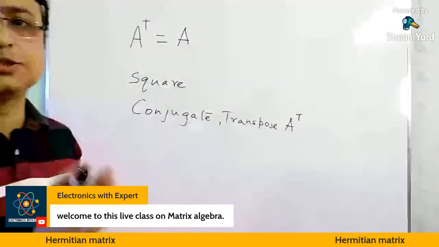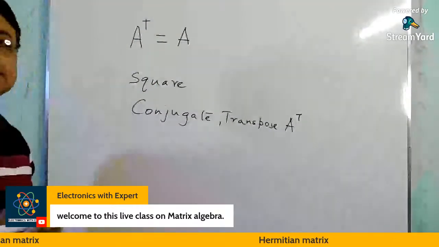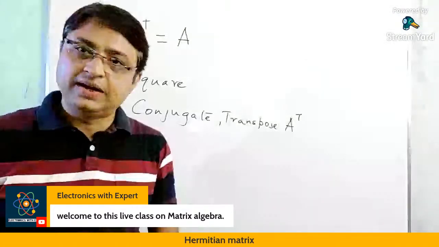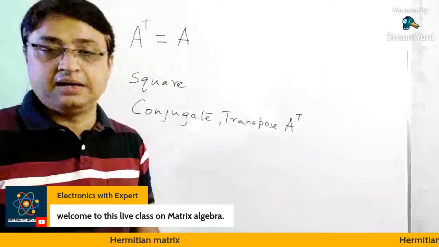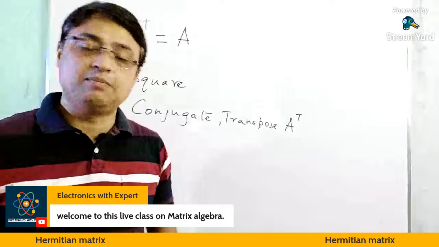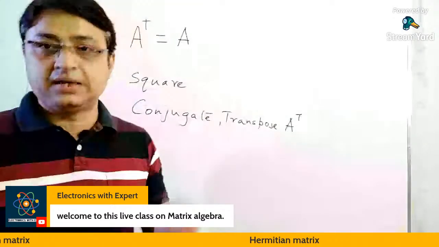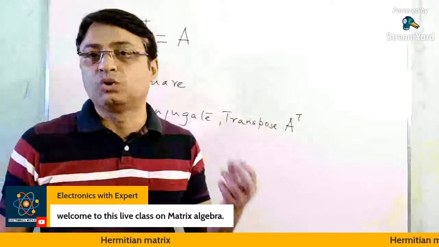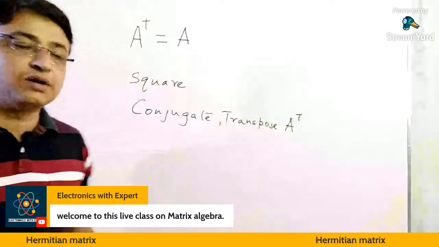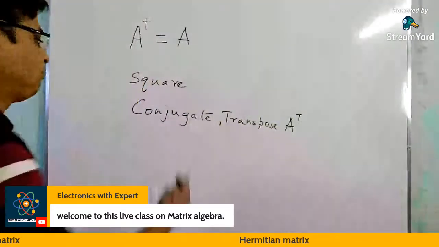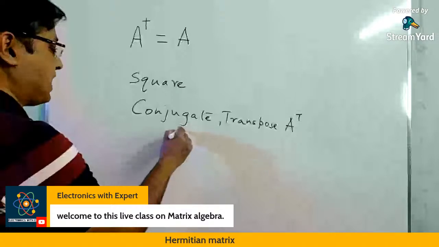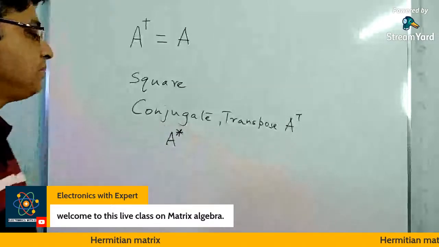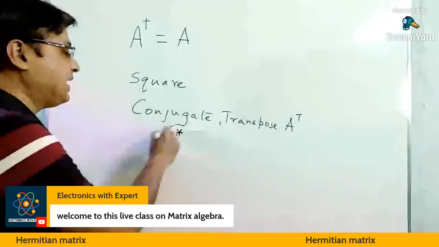Now what is the conjugate? As you know, if the terms of a matrix are not real but imaginary, then you can find out the conjugate of those terms. So the conjugate of a matrix is represented by A star.